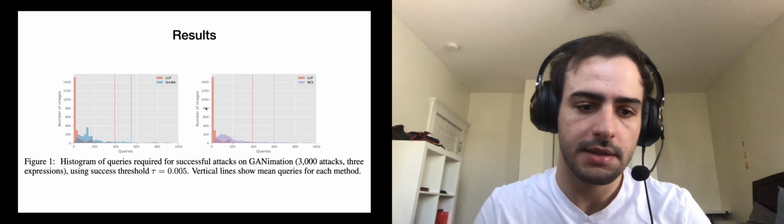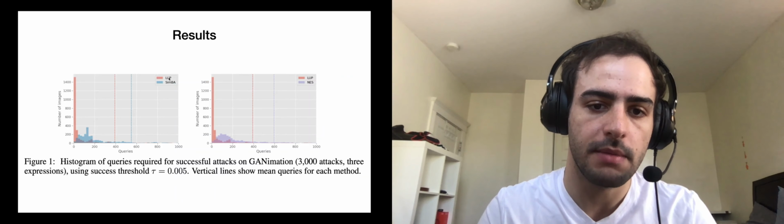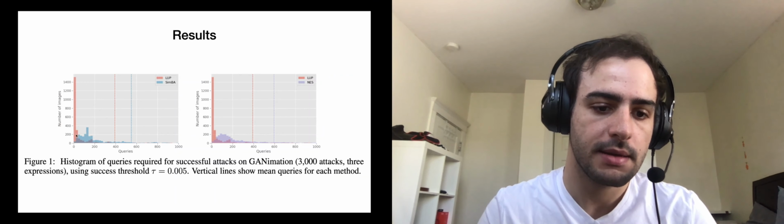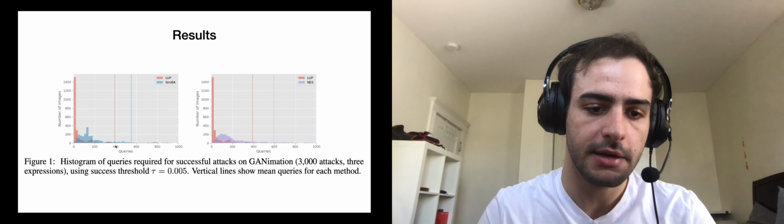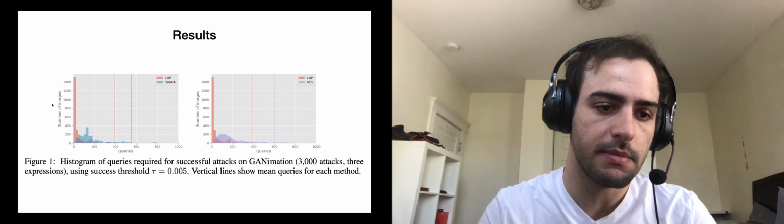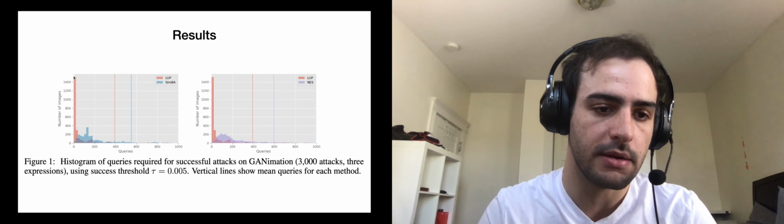So here are quantitative results. We compare our image translation SimBA to our LUP algorithm. These are the number of queries required, and the height of the histogram bars means the number of images that are attacked using that amount of queries.